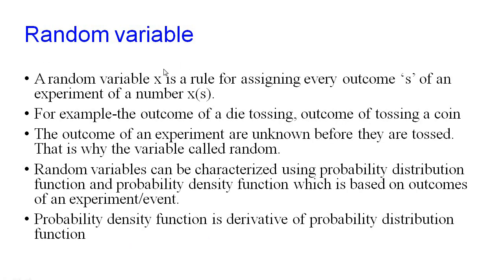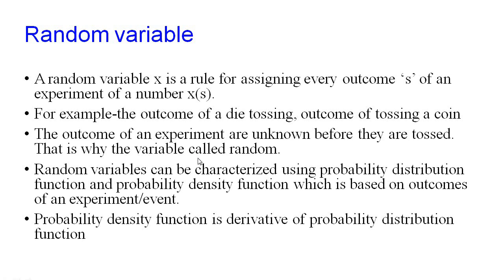Random variable. So what is a random variable? A random variable X is a rule for assigning to every outcome S of an experiment a number X of S. For example, the experiment may be the outcome of a die toss or of a coin toss. The outcomes of an experiment are unknown before they are tossed.